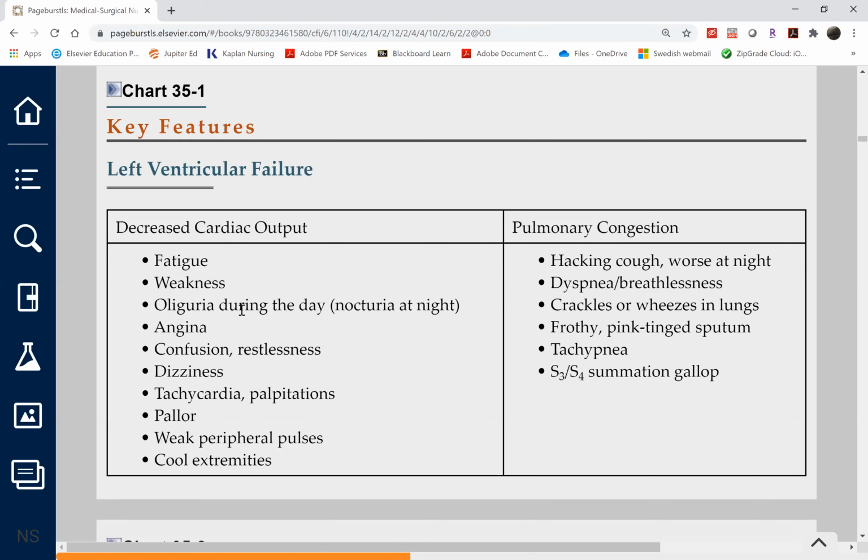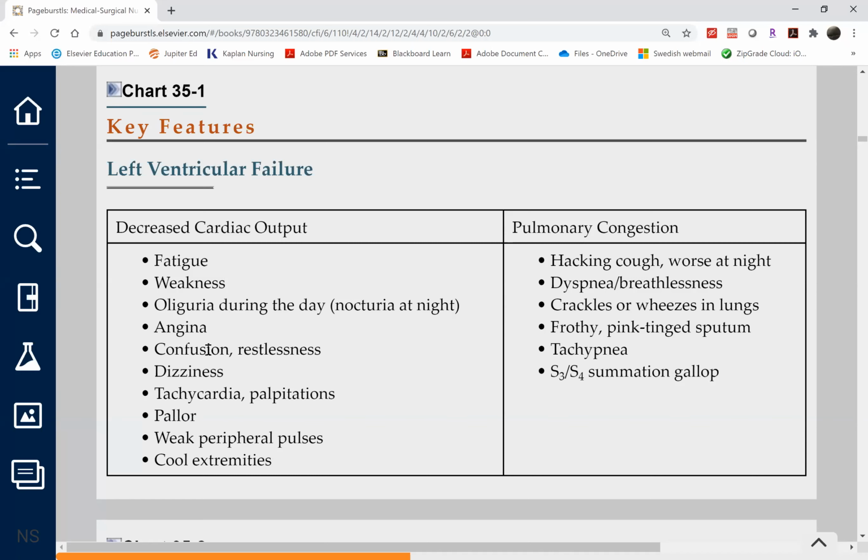No, not during the day at least. So you'll have oliguria during the day, and this nocturia is now going to contribute to the fatigue because they'll be getting up several times a night. And don't forget about the paroxysmal nocturnal dyspnea that will awaken them short of breath after a deep sleep. And of course, angina because there's less blood flow to the myocardium itself.